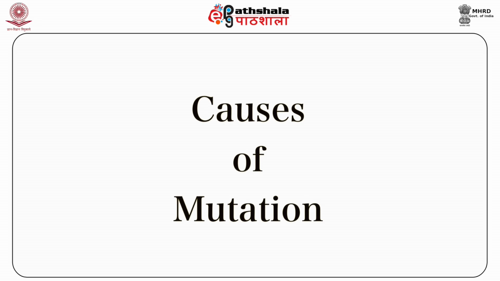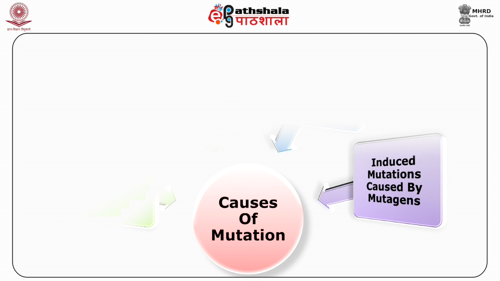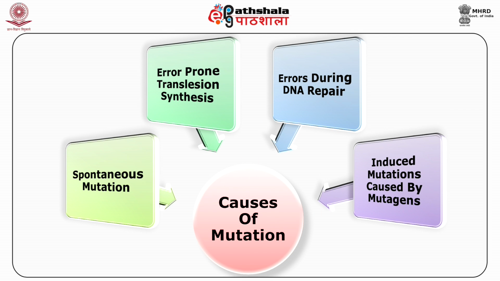Now let us see the causes of mutation. There are basically four main causes of mutation: spontaneous mutation due to molecular decay; mutations due to error-prone replication bypass of naturally occurring DNA damage, called error-prone or translesion synthesis; third, errors introduced during DNA repair; and the last one, induced mutation caused by mutagens.